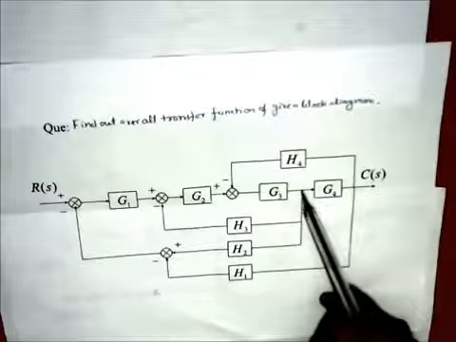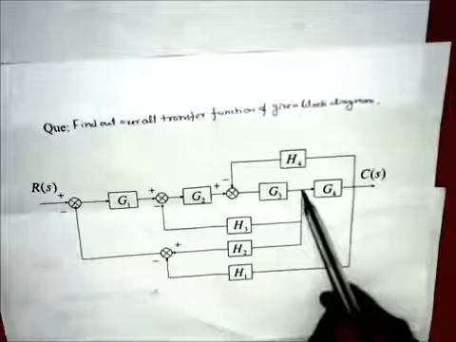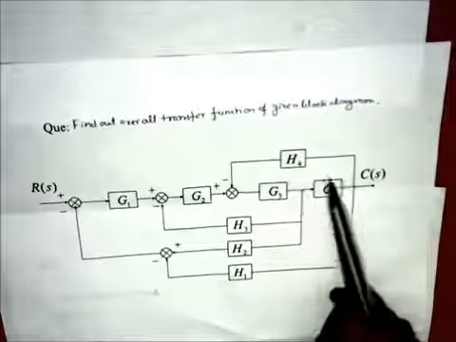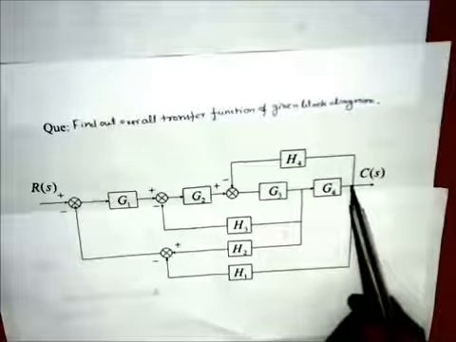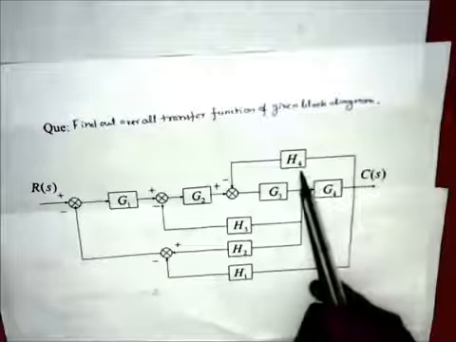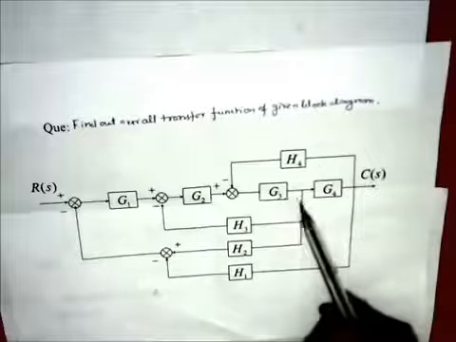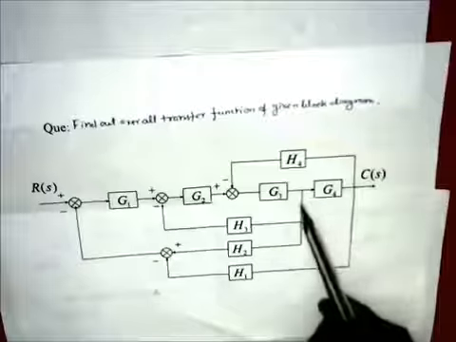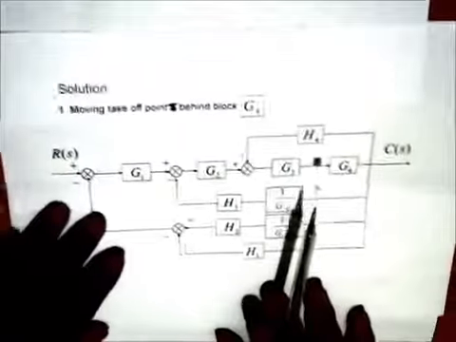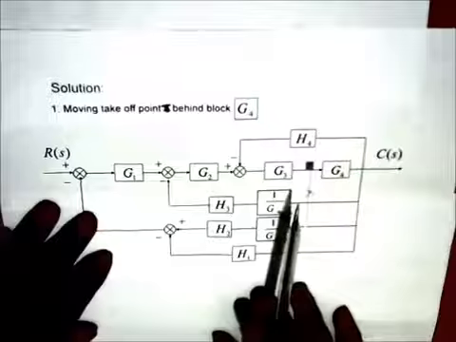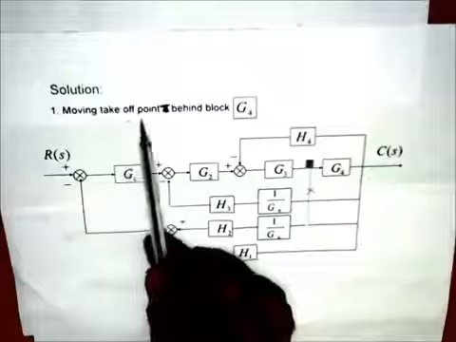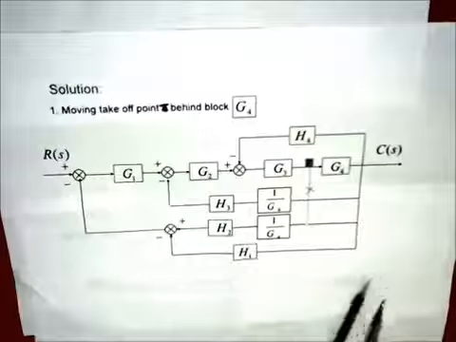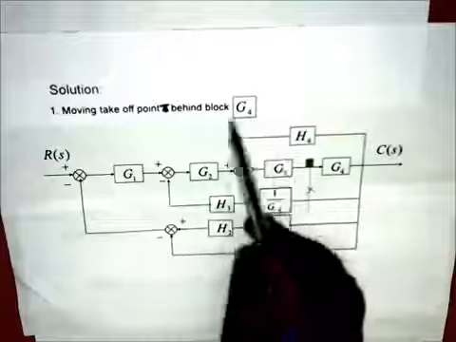If we shift or move this takeoff point behind the G4 block, it becomes a little easy to solve. So, moving takeoff point T behind block G4.